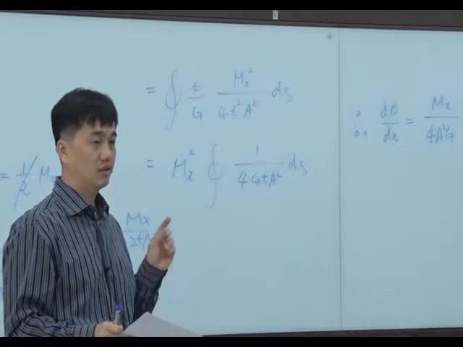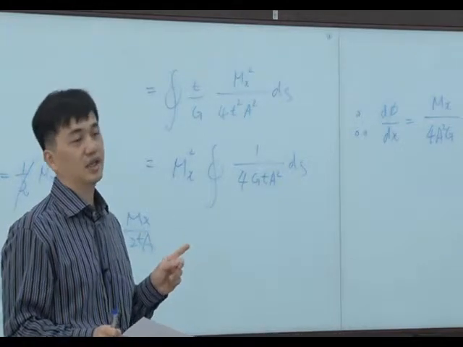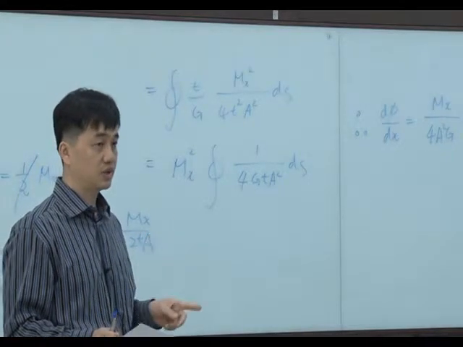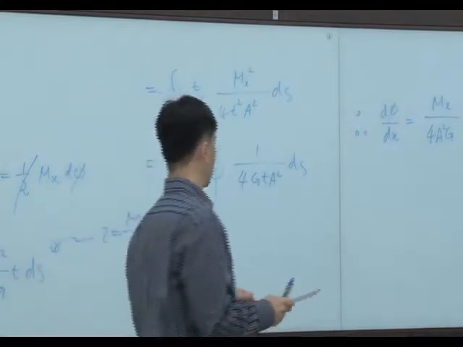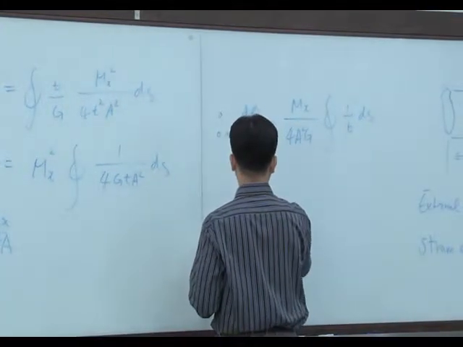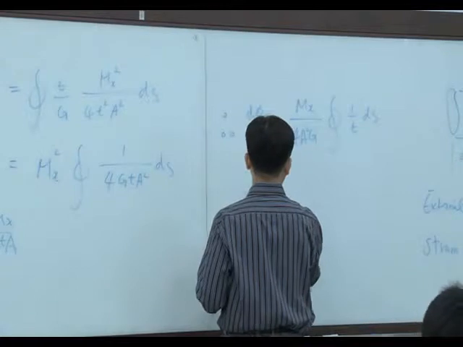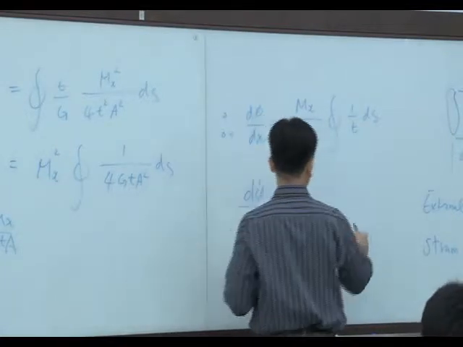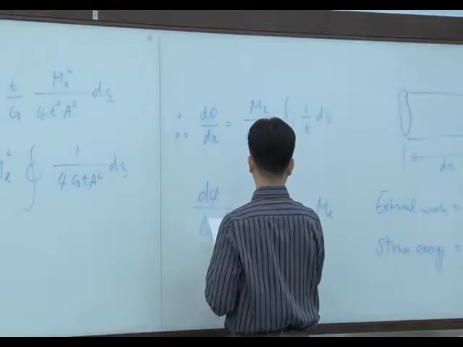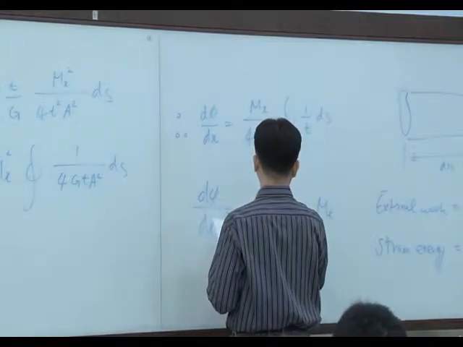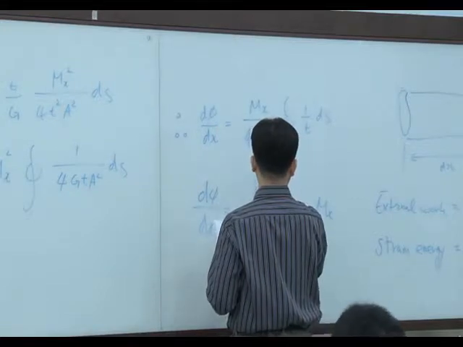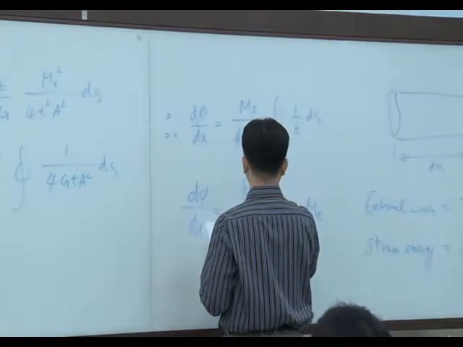The relation between twisting angle and twisting moment is the torsional stiffness. So d phi over dx equals Mx over 4A squared G, times the integral of ds over t.